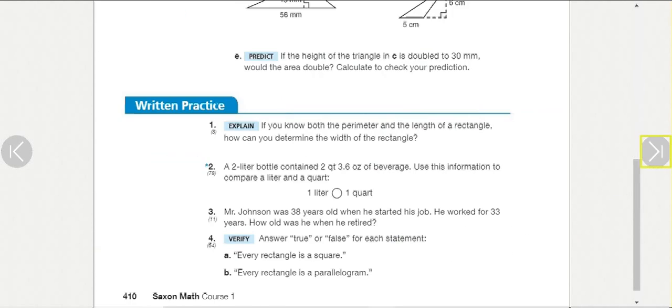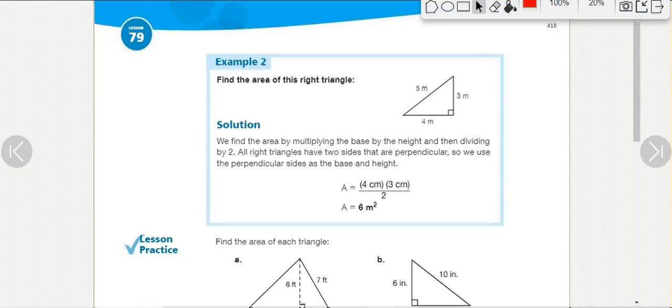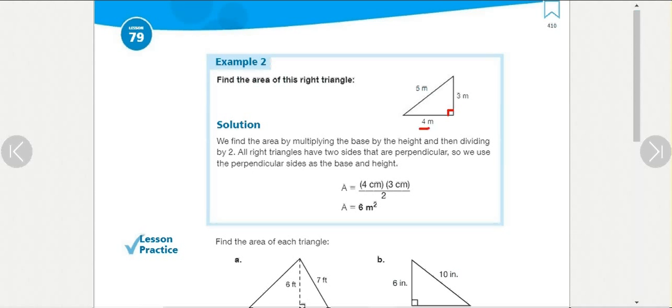Let's see what else Lesson 79 has for us. This is a little bit more traditional triangle that you might like better. It's a little easier. It's just a single triangle. There's nothing else there. Notice we've got marked for us the 90-degree angle. This is obviously the base, but we use this as the height.